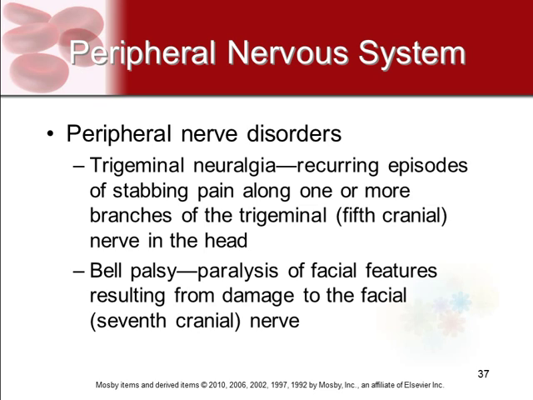There's trigeminal neuralgia, and that's when there are reoccurring episodes of stabbing pain along one or more of the branches of the trigeminal, which is the fifth cranial nerve in the head. And then another peripheral nerve disorder is Bell's palsy. Bell's palsy is a paralysis of facial features, and that's normally because there's damage of the facial or seventh cranial nerve.